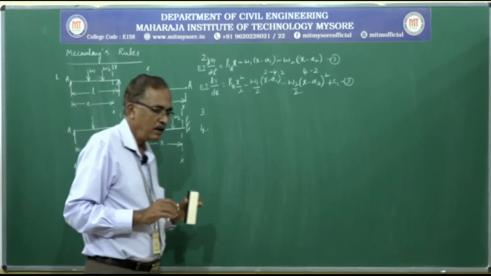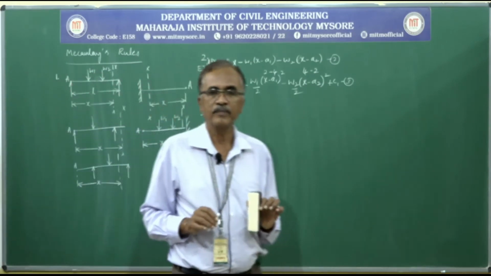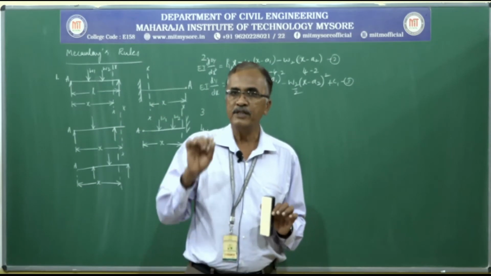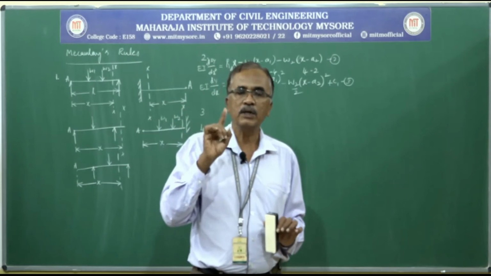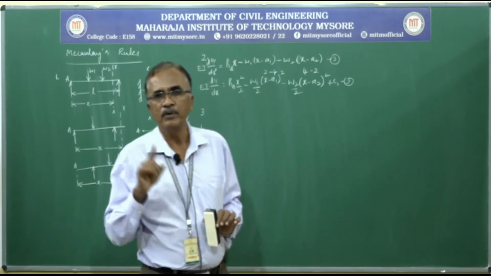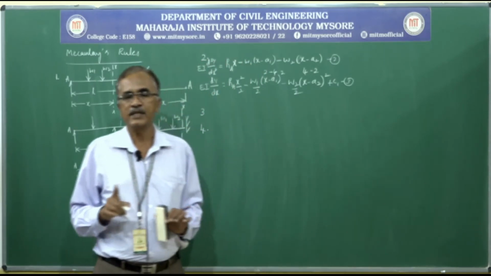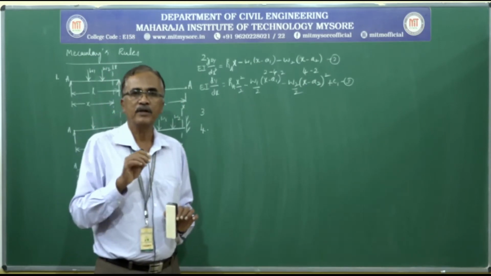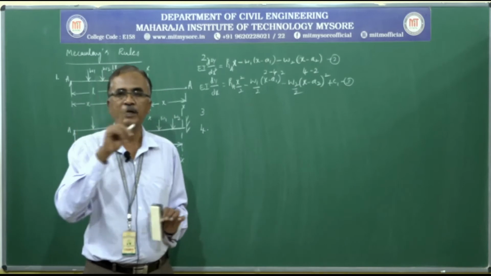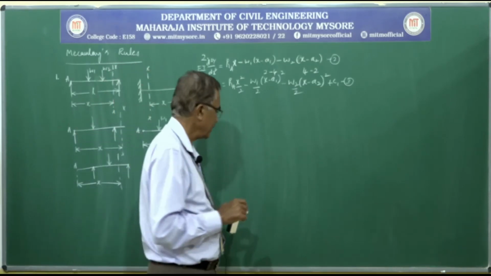If UDL is acting on the beam and if it is not up to the selected section, UDL has to be extended up to the selected section in the downward direction, and also in the upward direction for the extended region of the same intensity.